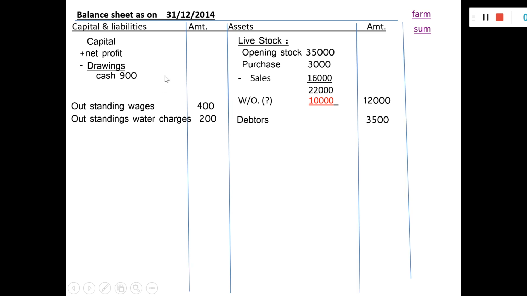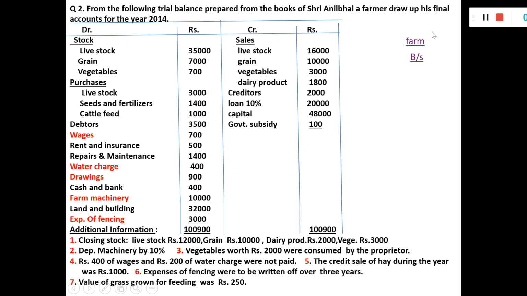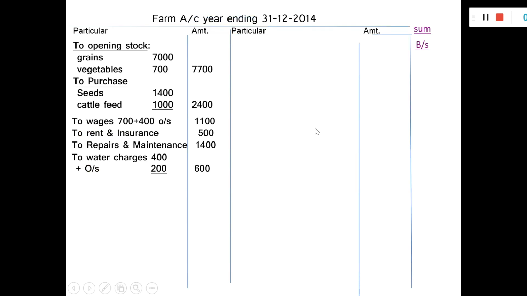Drawings, cash 900, and as per the adjustment, vegetables 2,000, total amount 2,900. Go to the sum again.